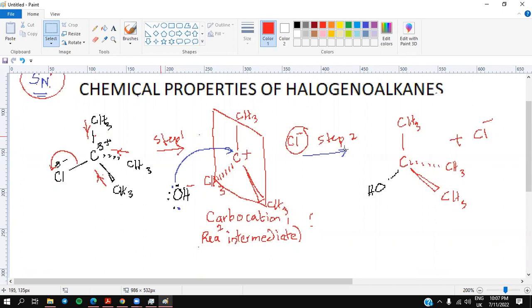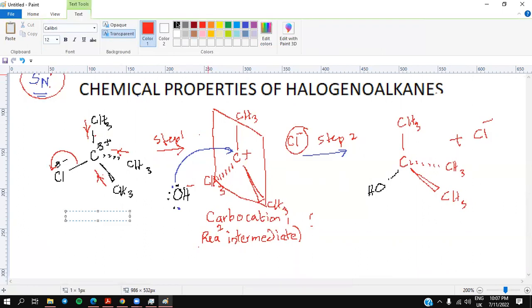Step 1, step 2. On the left-hand side, we have halogenoalkane. I make it tertiary halogenoalkane. It produces this alcohol.